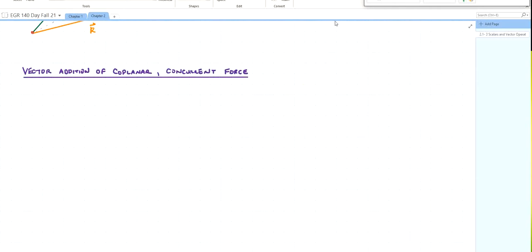Okay, so let's look at vector addition of coplanar concurrent forces. Everything acting at the same point is what concurrent means.